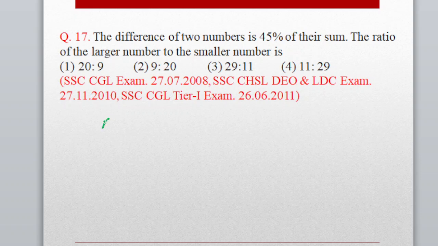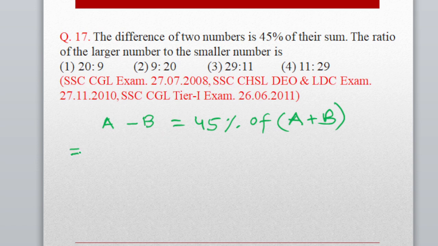Suppose two numbers A and B. Difference of two numbers is 45% of their sum, 45% of A plus B. Now this implies A minus B is equal to 45 by 100 into A plus B.